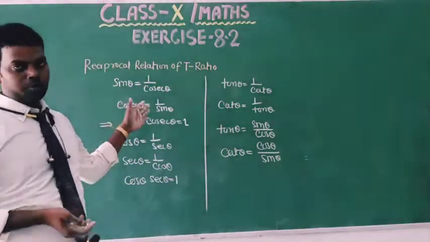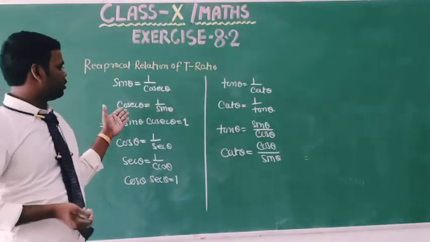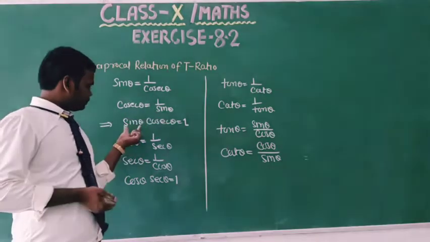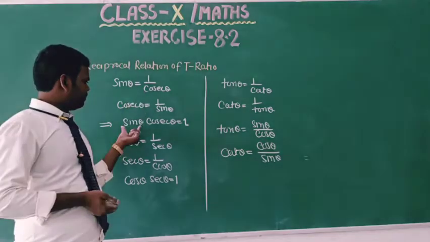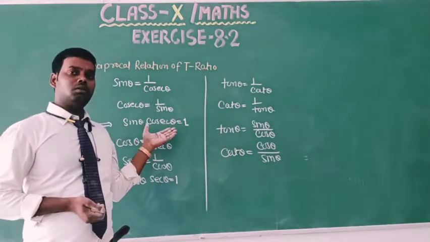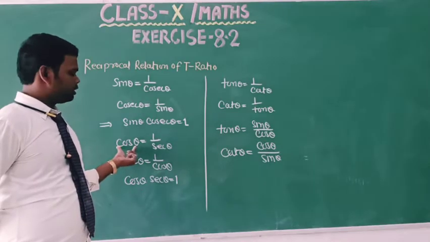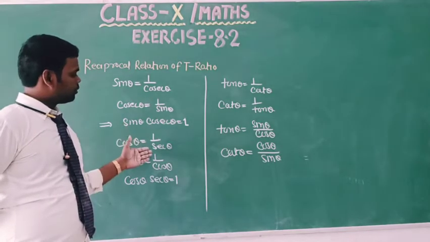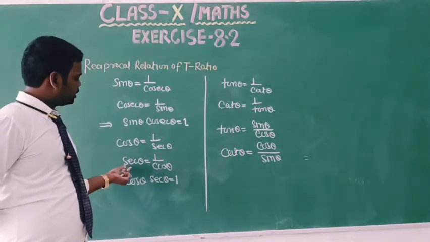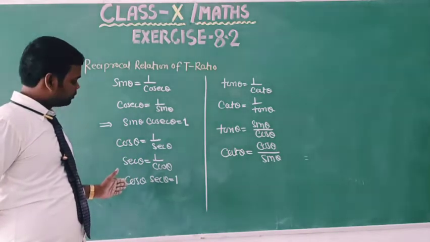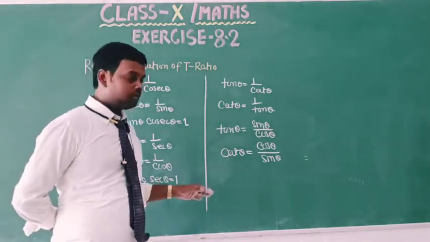Sin theta equals 1 upon cosec theta, cosec theta equals 1 upon sin theta, and from this we derive sin theta into cosec theta equals 1. Again, the reciprocal relation of cos theta is 1 upon sec theta, sec theta equals 1 upon cos theta, and cos theta into sec theta equals 1.